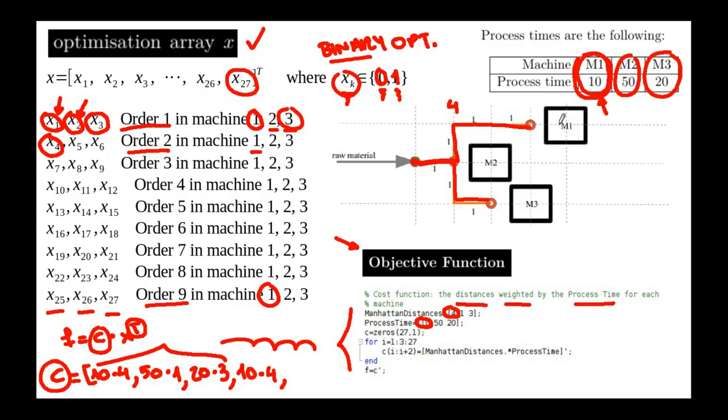Only these two elements, and these two elements have nothing to do with the order number. So that's why we have to repeat this 3-element array 9 times. So all the others remain equal.